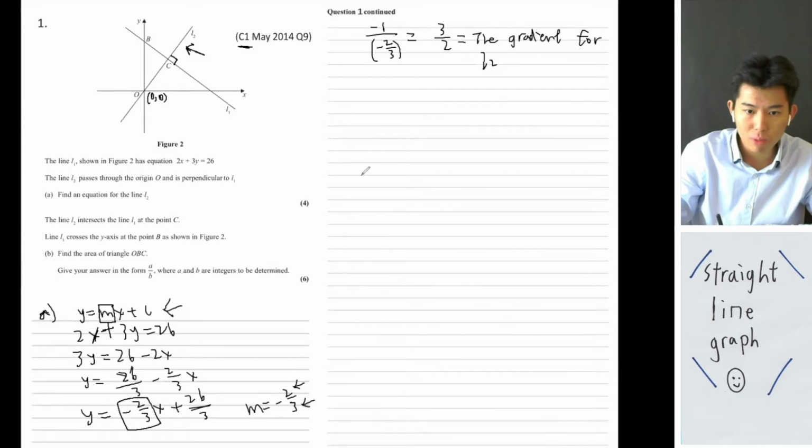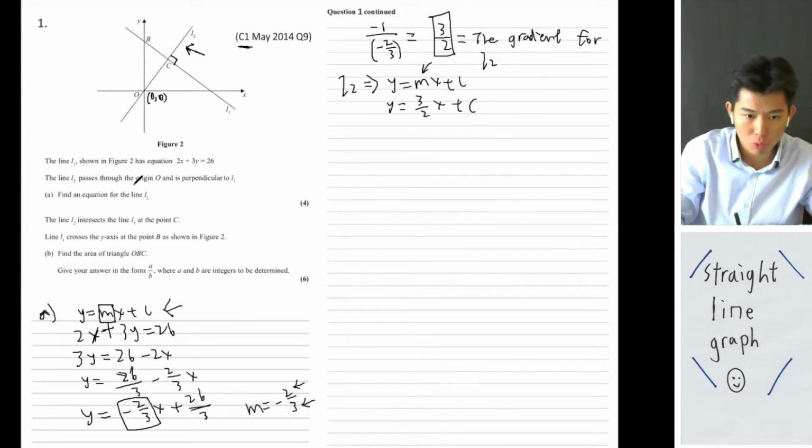And line number 2 would be y equals mx plus c, right? Just put this value in as the gradient. y equals 3 over 2x plus c. And the other important information we have is that it passes through the origin. So basically, when x equals 0, y will also equal 0.